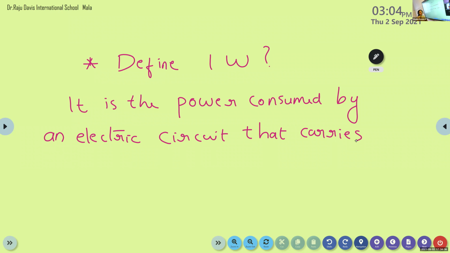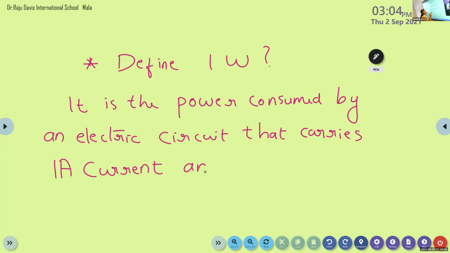So that carries how much amount of current? 1 ampere. Yes, that carries 1 ampere current.